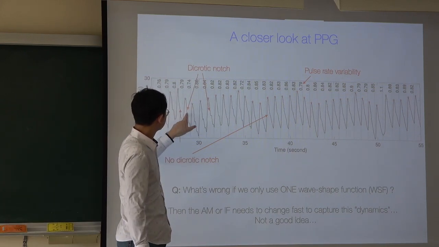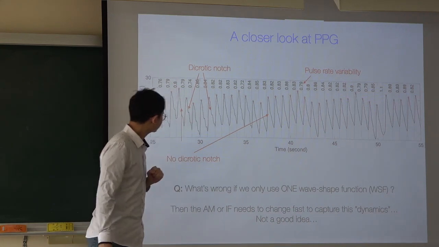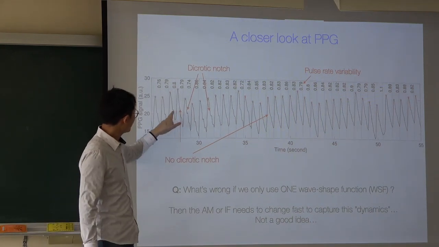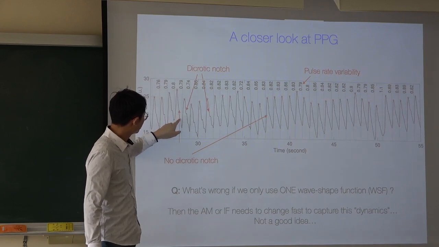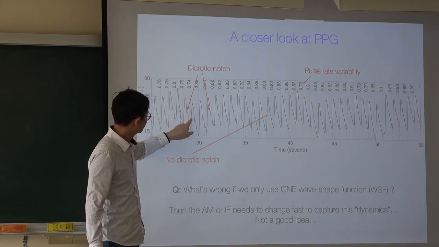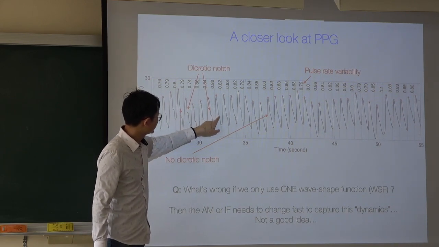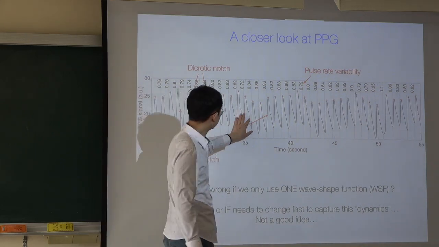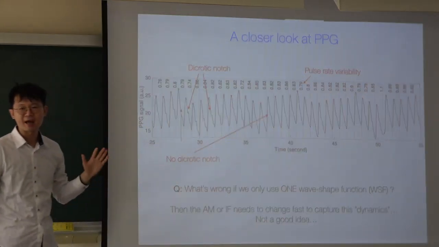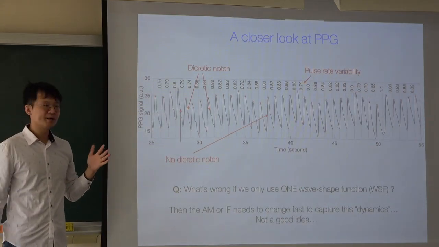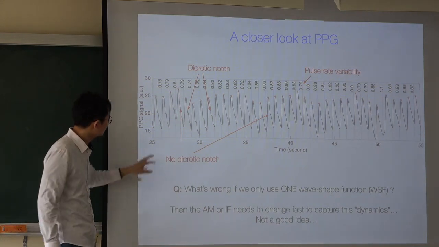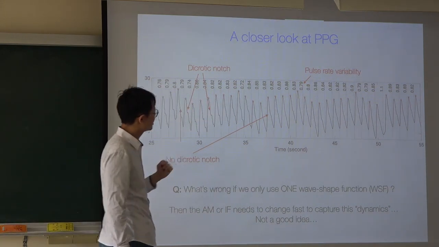Now, you see this is a dicrotic notch. And sometimes it has one, zero, one. The dicrotic notch appears and disappears. It is kind of chaotic. It's hard to say if there will be any pattern. Sometimes it has one, sometimes it doesn't.